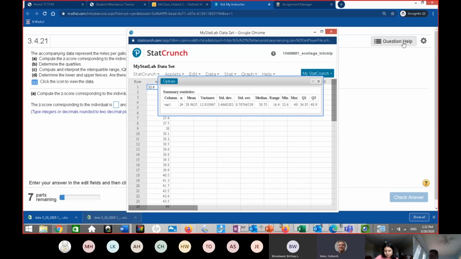There's a Q1 minus 1.5, and then a Q3 plus 1.5. Give me both of them. The lower limit says Q1 minus 1.5 of what? It should be IQR. I don't know.